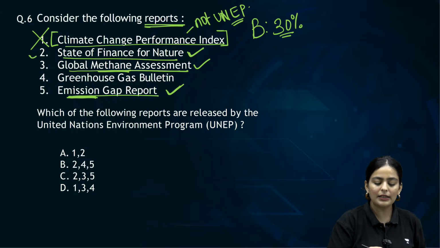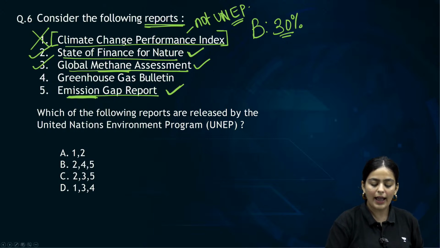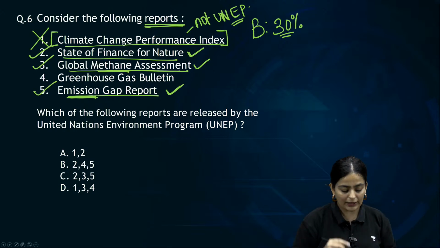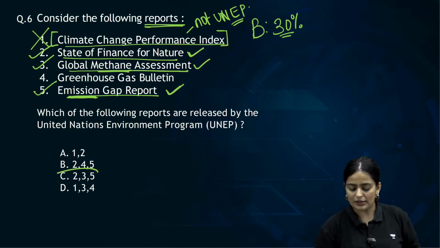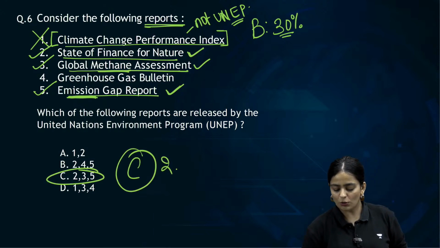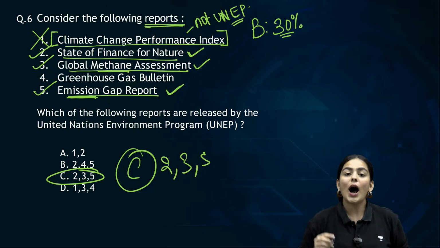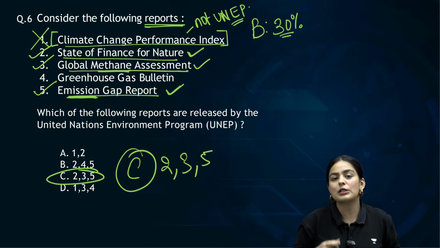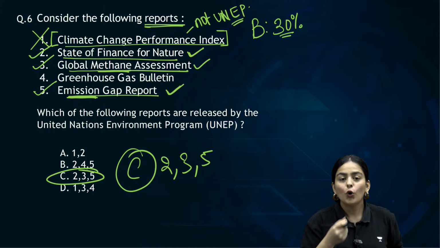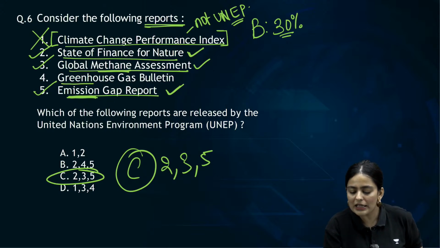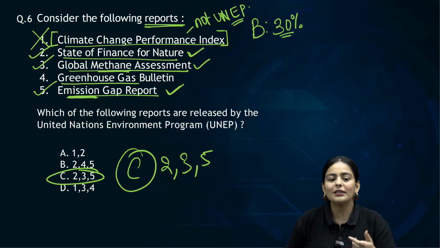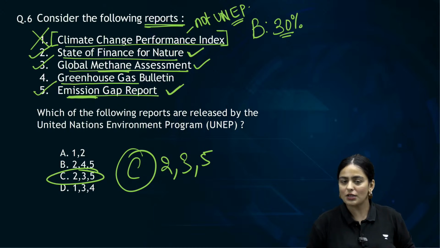Clear? So second is correct, third is correct and fifth is correct, making C our answer. C, which is 2, 3 and 5, are reports published or released by UNEP. Who releases the Greenhouse Gas Bulletin? You all have done this in one of the Conquer Prelims sessions earlier.